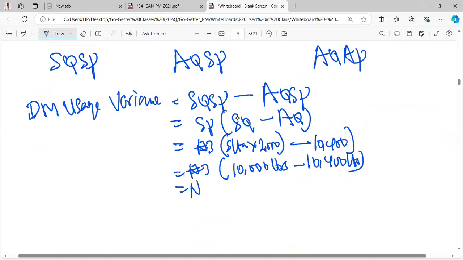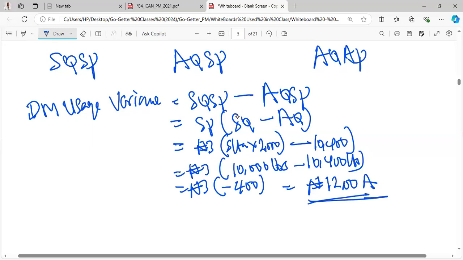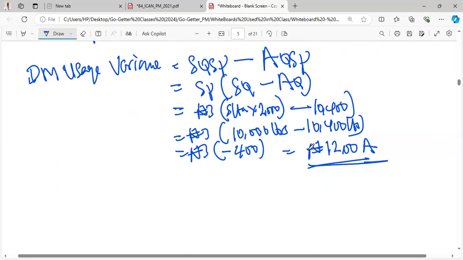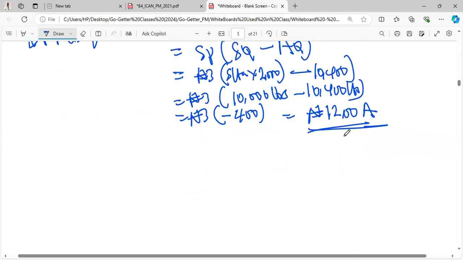So that means this is going to give me 3 naira, of course there's already a negative here, times minus 400. So 3 times 4 will give me 12, 1,200 adverse. So you see here, the variance is 1,200 out of the 3,600, and the 1,200 is coming from usage.